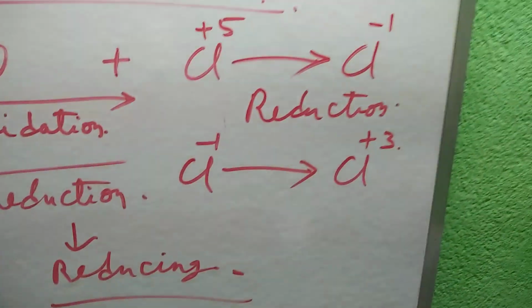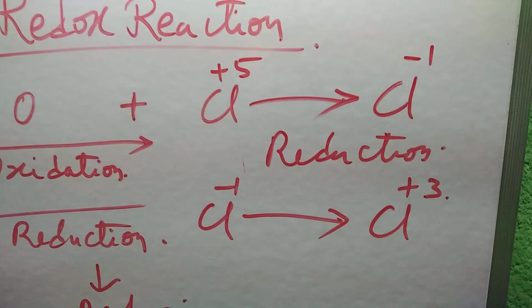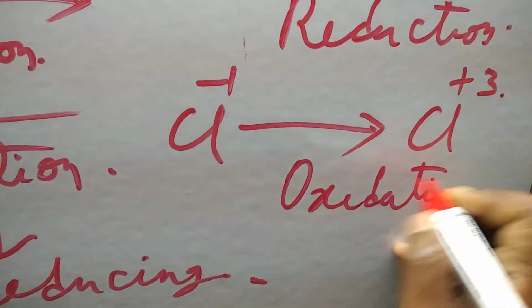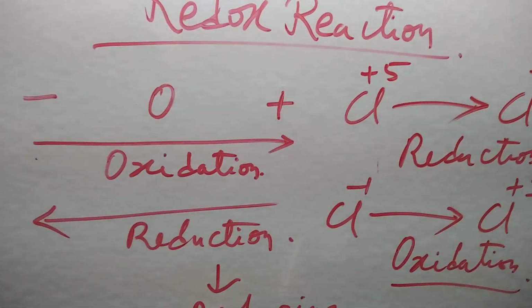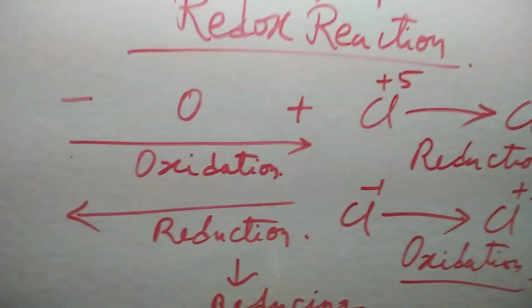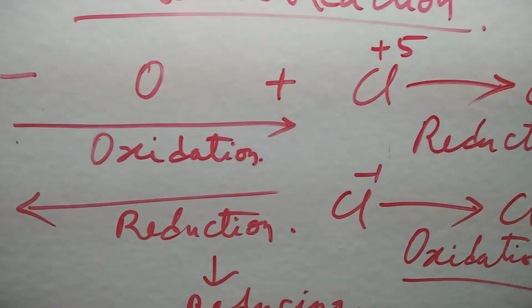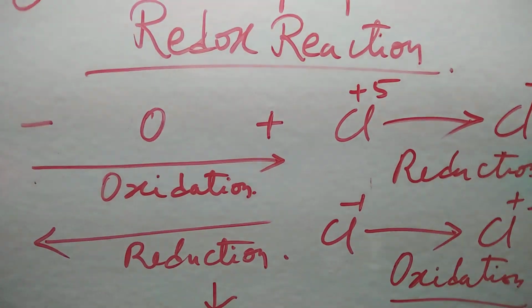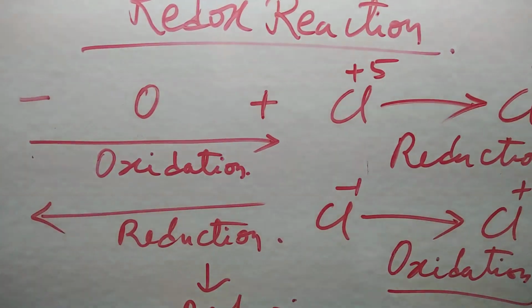It is all the oxidation number, that means charges of the species. That means it is increasing. See, -1 to +3, increasing, that means it is oxidation. Okay students, in this way we will check each example: in the reactant side each species carries what oxidation number, and in the product side each species carries what oxidation number or charges, and by that calculation we will check the reduction and the oxidation.